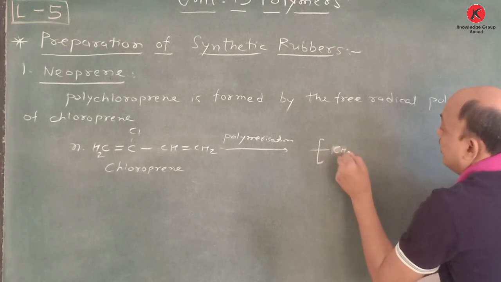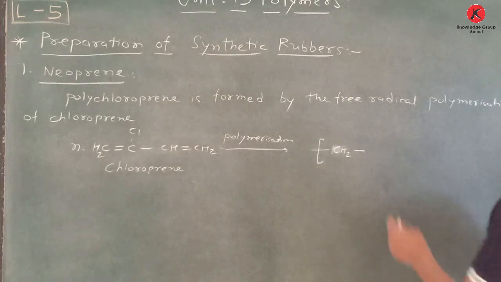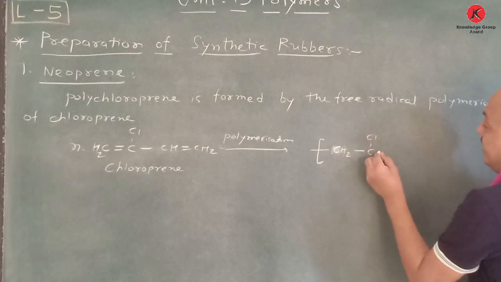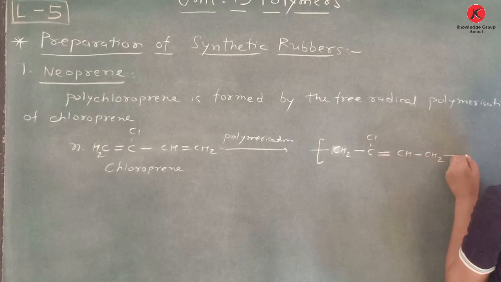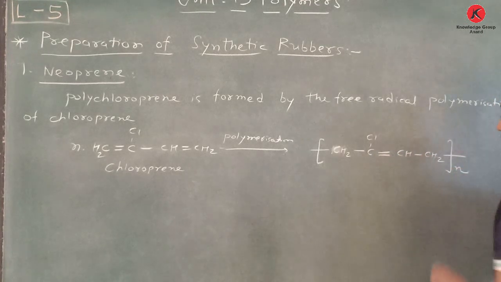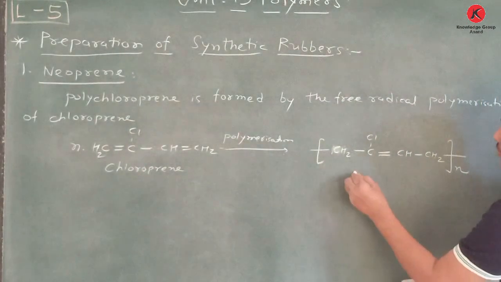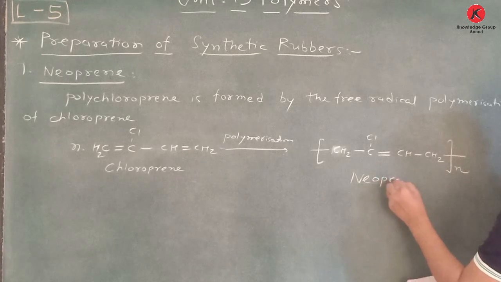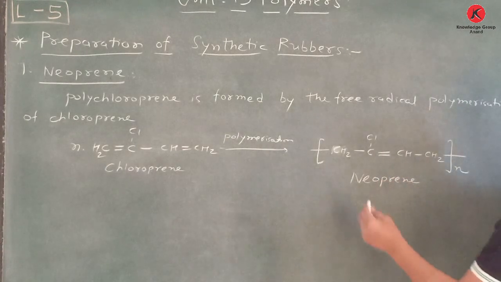So here the product is obtained just this way: CH2, single bond, CCl double bond CH, CH2, and here n. This is your structure of neoprene, which is also called polychloroprene.